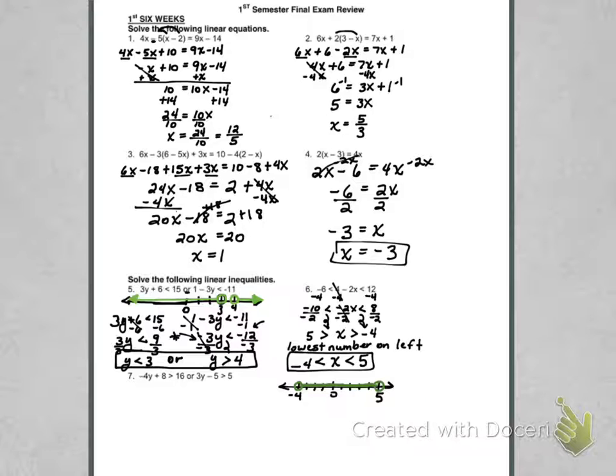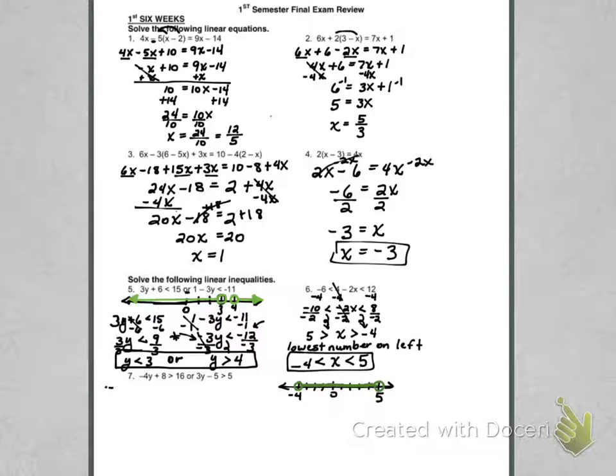Let's look at number 7. It should graph with numbers pointing towards each side or each end of the equation. So we've got two equations.